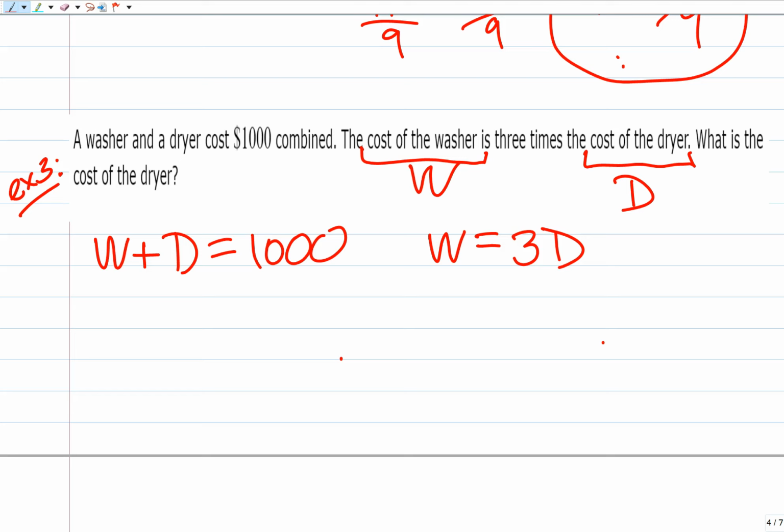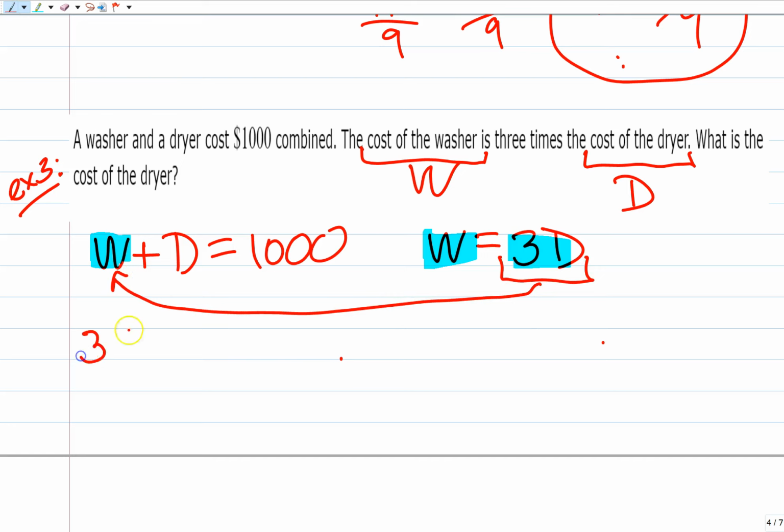I don't want to solve where there's 2 variables, right? But the good news is this tells me that W equals 3D, doesn't it? So do you see the other equation where there's a W? What can I replace it with? Because if W equals 3D here, then I can go over to this W and replace it with a 3D.